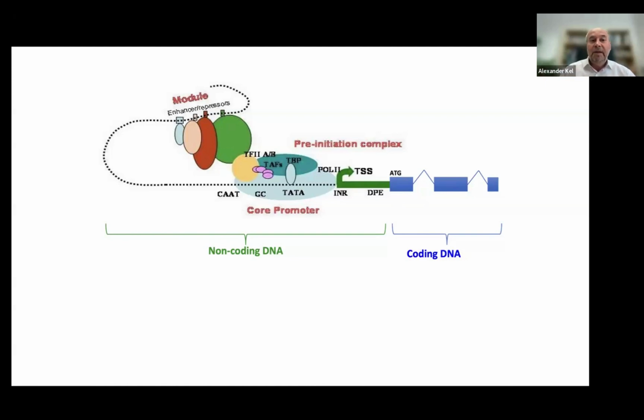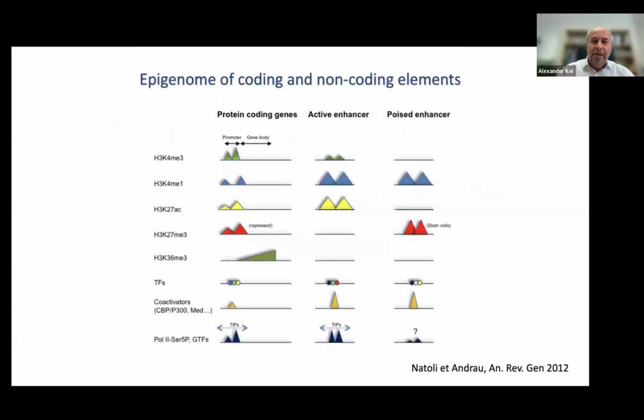Then there are some other modules, maybe distant, or quite proximal to the promoter, which contain binding sites for transcription factors. Those transcription factors bind to their target sites and regulate the activity of the genes. That's the general concept.